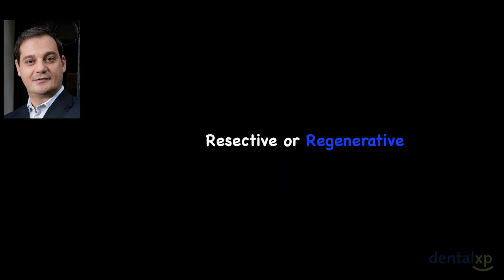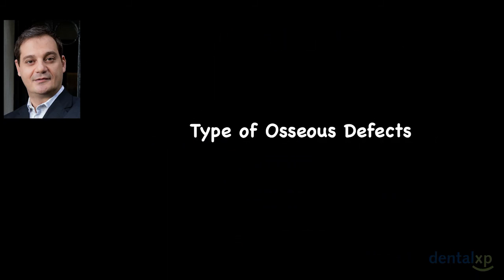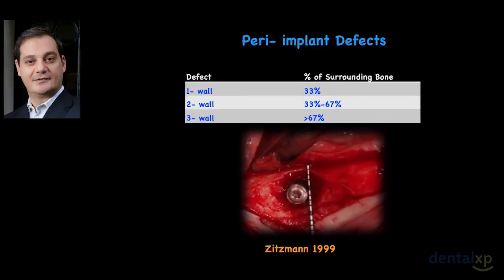The regenerative. Now when we talk about regenerative, we look at the type of osseous defect, and that's what we learned in periodontics, and that's what we should be applying in implant dentistry. So when we look at defects, Zitzman 1999 defined the walls, and that's exactly what we learned in periodontics. You need the walls of the defect around an implant.